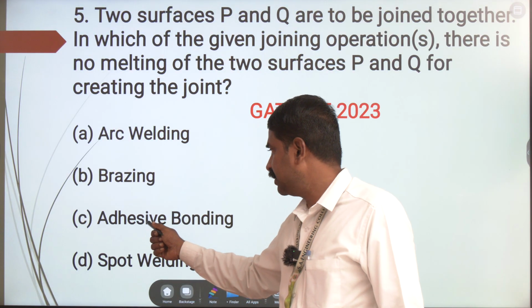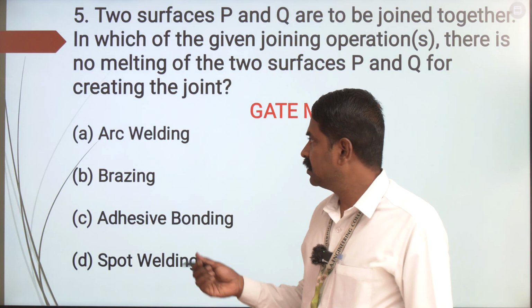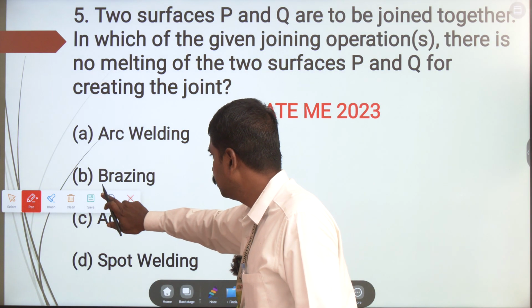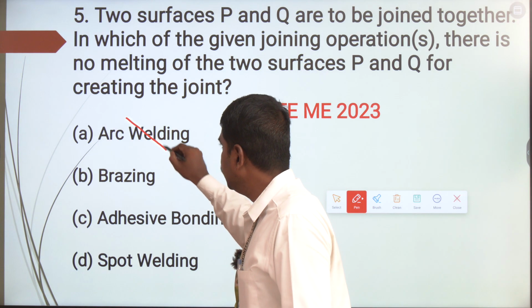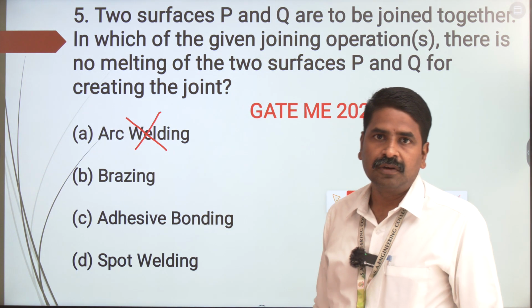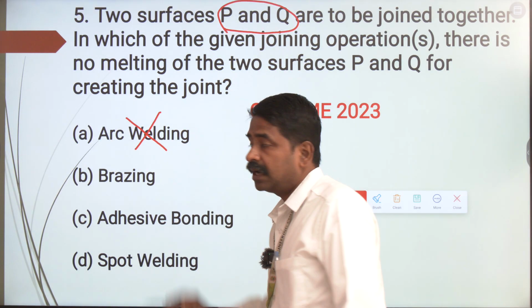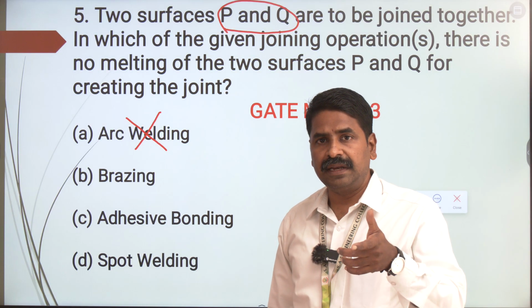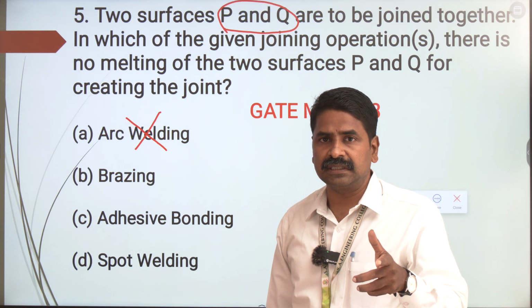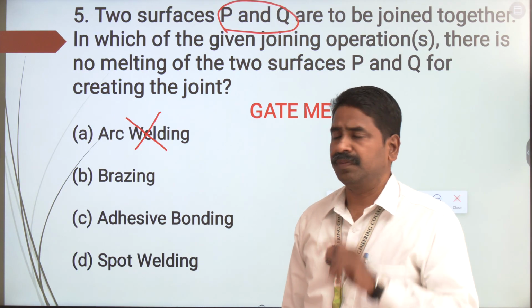Arc welding cannot be a joining process suitable for joining the materials P and Q, because they should not get melted during the joining process. But arc welding comes under the fusion welding process, where melting of the base metal will happen surely, so this is not a suitable process.